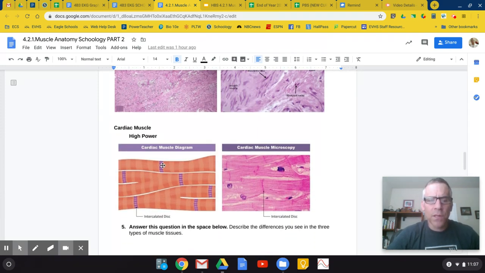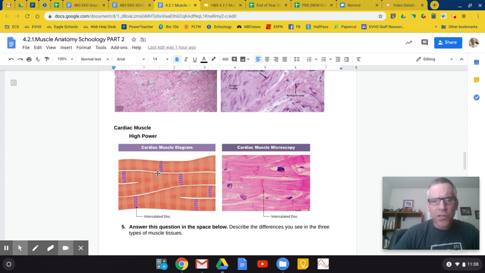And cardiac muscle is also a striated muscle, but we don't have the parallel bands. We don't have long lines that we'll see. We'll see a band here, another band over here, another one down here, where they're kind of just mixed throughout. And so we don't see the super detailed uniformity of the striations of a skeletal muscle.